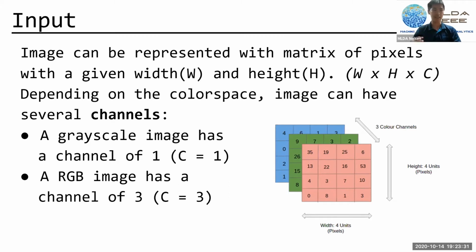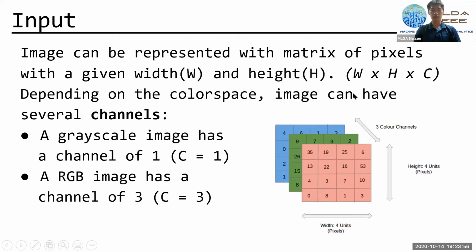Usually you can represent an image either in grayscale, which is black and white, or in RGB color space. With red, green, and blue, you have the same width and the same height. So the width and height for this image will always be the same. It's just that the number of color channels is 3 for RGB.